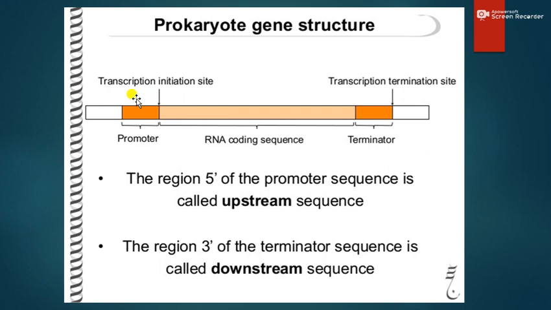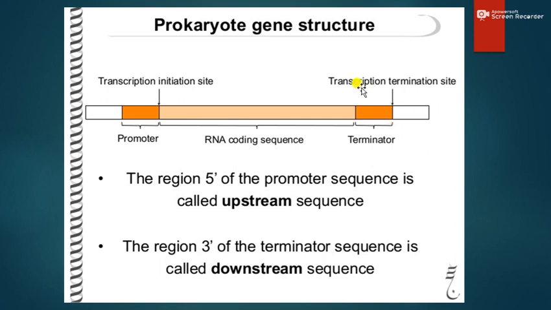Promoter region. And the promoter region is found upstream, towards the 5' end of the gene start. And towards the 3' end, there is another region called the terminator sequence, or the downstream sequence.